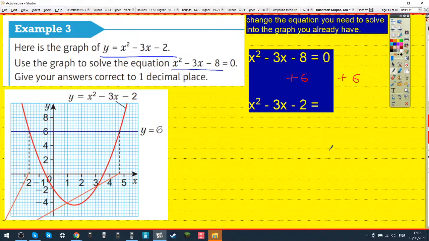It would just be 0 plus 6. Oh, 6. Yep. And so this is the graph, and so you have to say where's the graph equal to 6. How do you do that?